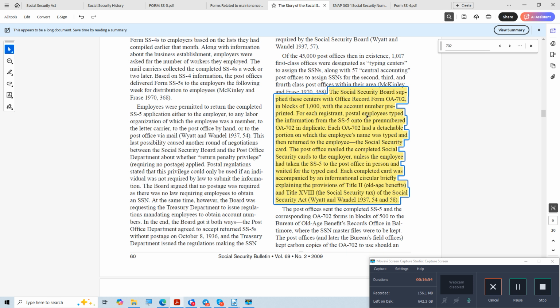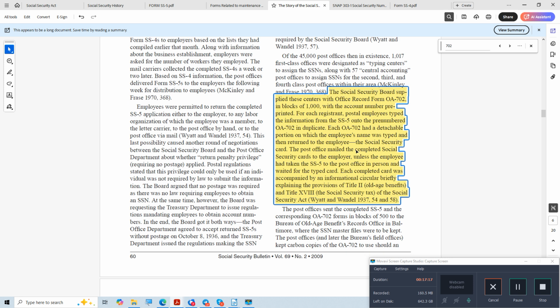For each registrant, postal employees typed the information from the SS5 onto the pre-numbered OA 702 in duplicate. Each OA 702 had a detachable portion on which the employee's name was typed and then returned to the employee. The Social Security card. Go figure.